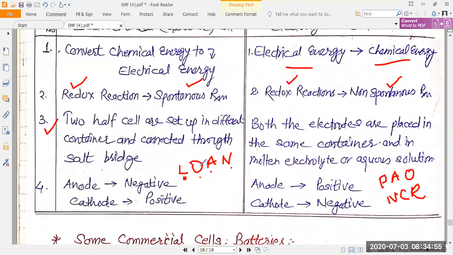And here PAO, NCR: Positive Anode Oxidation, Negative Cathode Reduction. In the left portion of the electrochemical cell oxidation occurs; the left portion is the anodic portion, and the anode is negative. In the electrolytic cell, the anode will be positive and oxidation will occur at the anode, and the cathode will be negative and the reduction process happens at the cathode side.